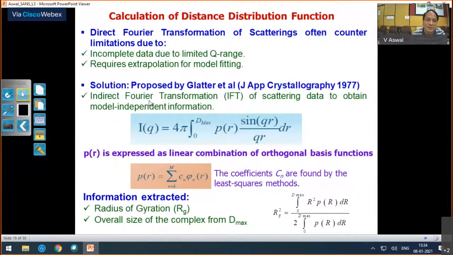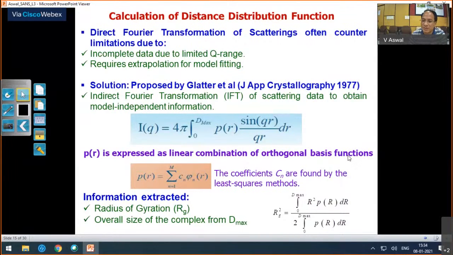This was a method proposed by Glatter very early, around 1977. What is assumed is that the shape of your particle will have a maximum dimension. And within that range, you express P of R as a linear combination of orthogonal basis functions.